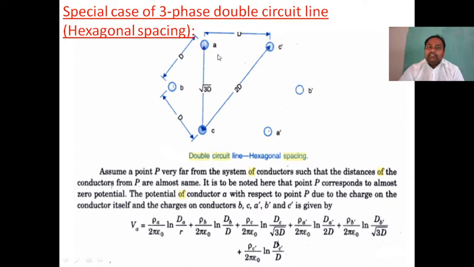The distance between conductor C dash and A is D. So every time we consider the conductor to point P distance and also the conductor to conductor A distance. Why every time do we take the distance from conductor A? Because conductor A is the reference. So we get this equation very easily.